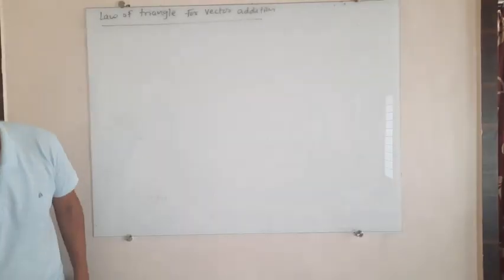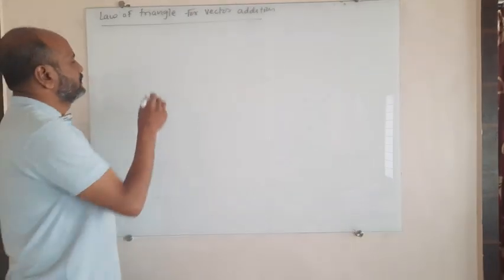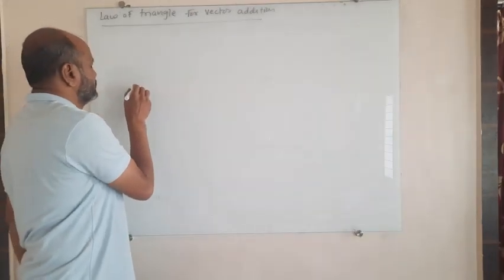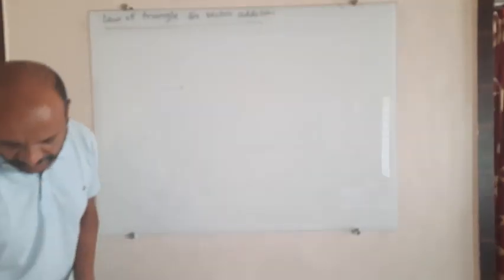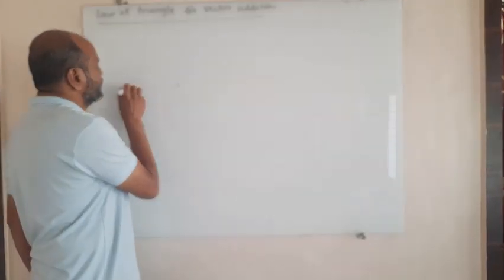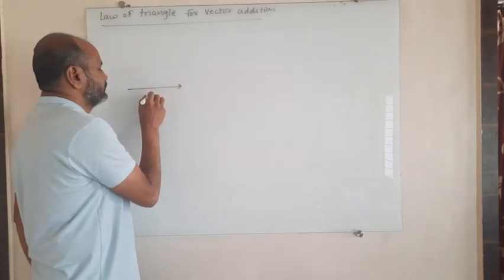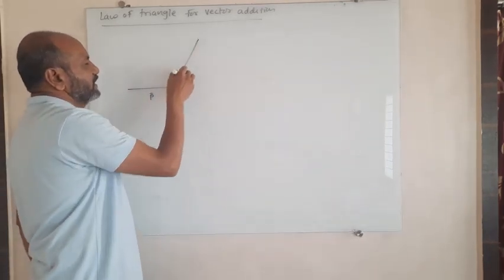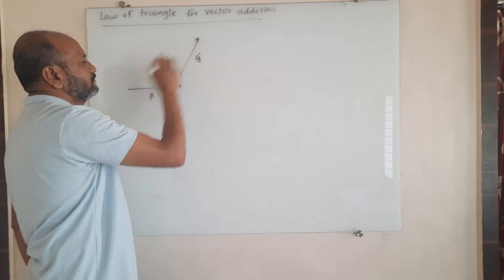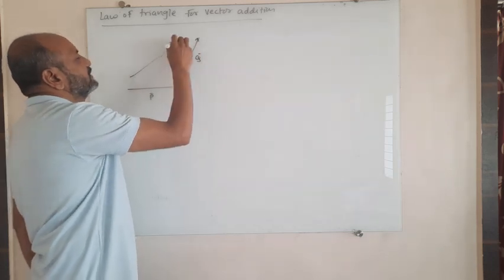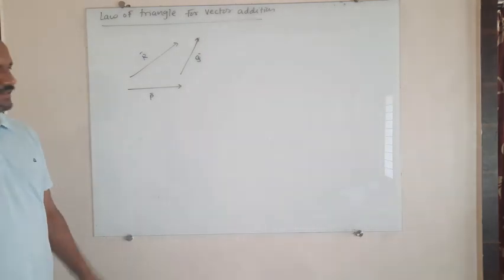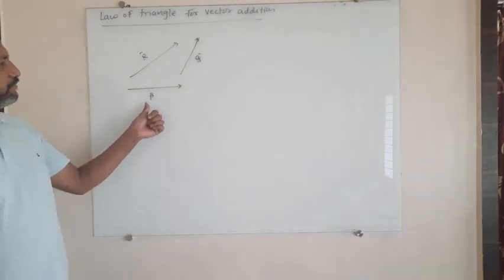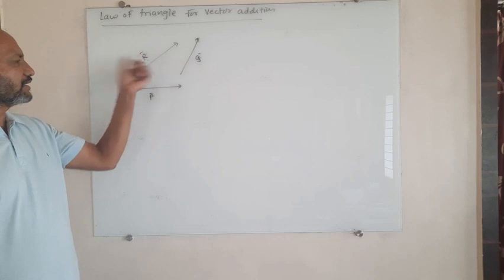Consider we have two vectors, P bar and Q bar, and the third vector is R bar. We are going to take the addition of P bar and Q bar, which is equal to R bar.